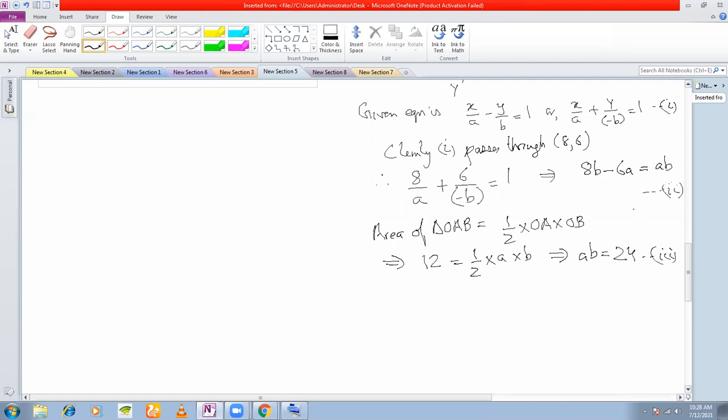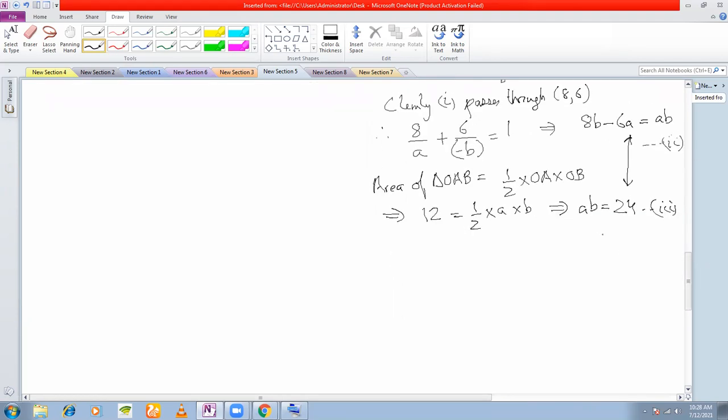Call this 3. Now we want to solve these two equations, 2 and 3. How do we solve them? Just put b is equal to 24 by a from 3 in 2. We get 8 times 24 by a minus 6a is equal to 24.